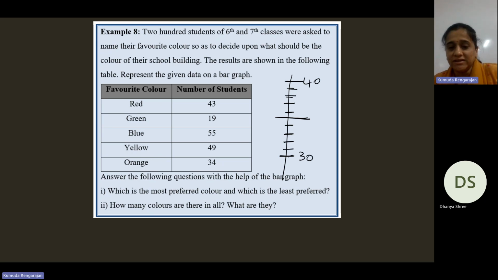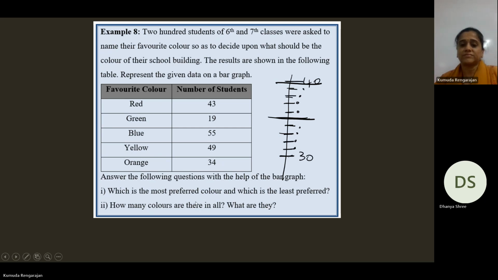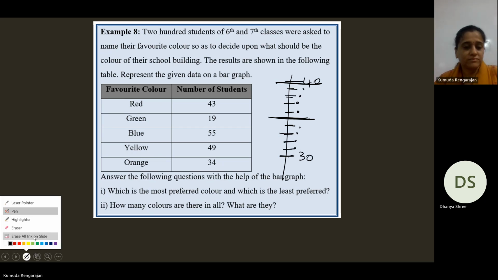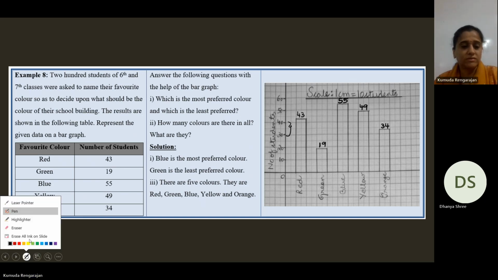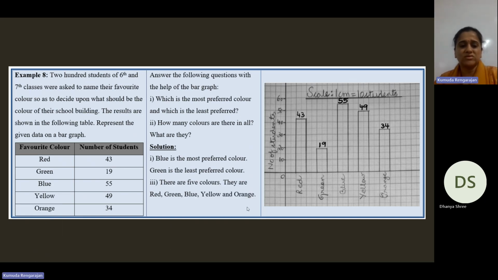After 30, there'll be only 4 lines: 1, 2, 3, 4. And then the main one, this is 35. 6, 7, 8, 9, and 40. So can you do this? And then you have to answer these questions.